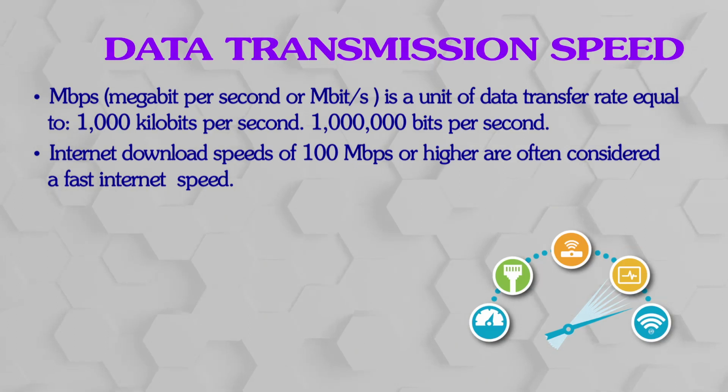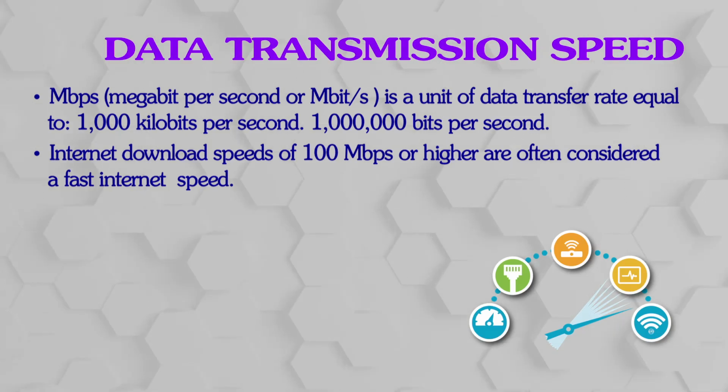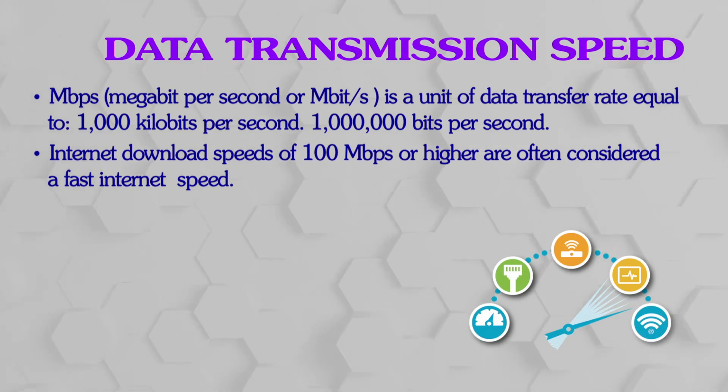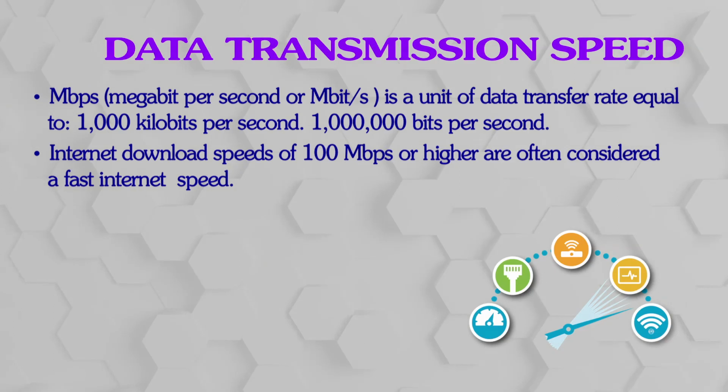An internet download speed of 100 Mbps or higher is often considered a fast internet speed. It's a very good internet speed. So when you connect to an internet service provider today, you can ask what the download speed is. If they say 100 Mbps, this is very good, but of course the cost will come with it.